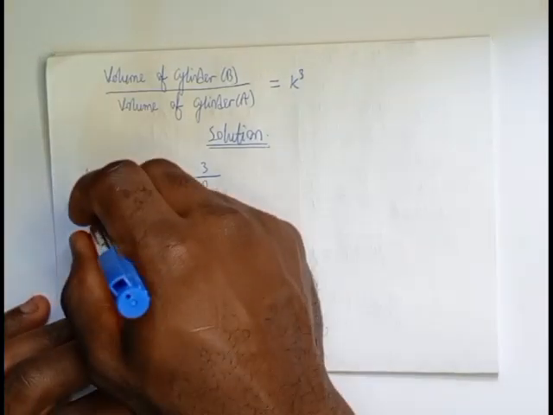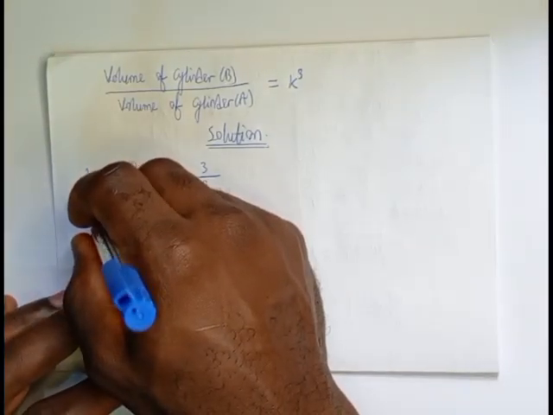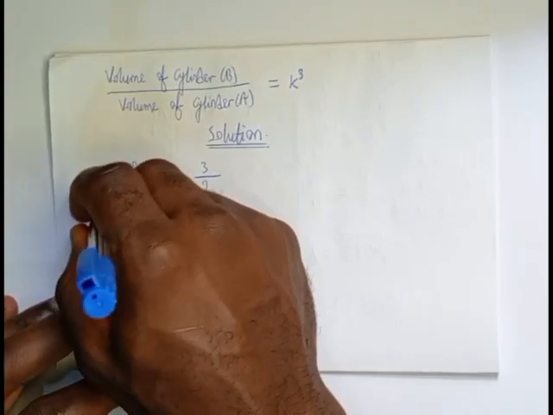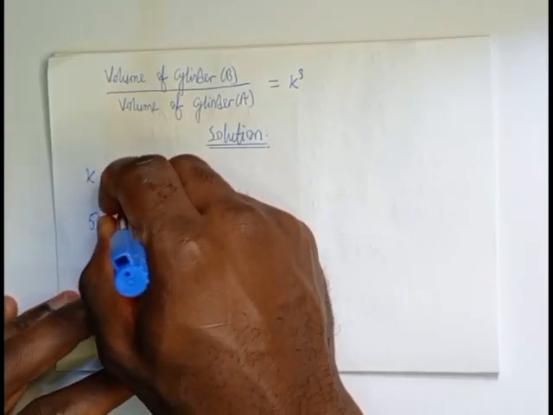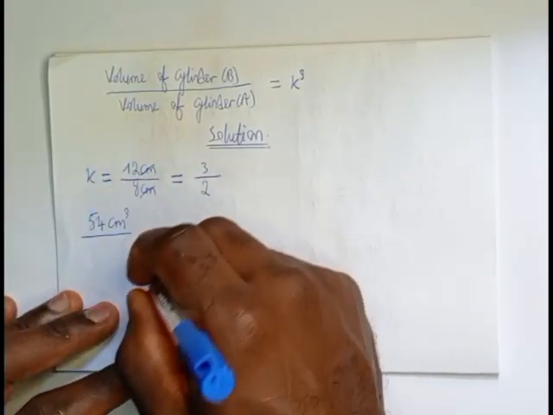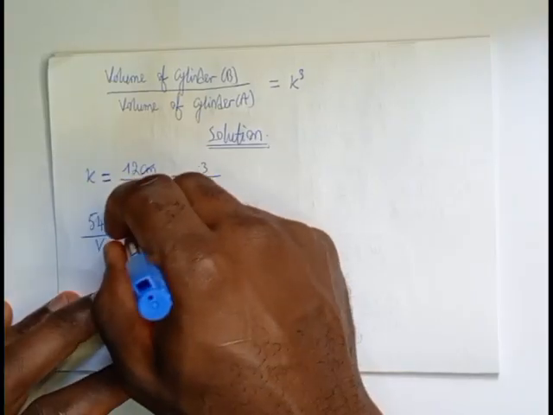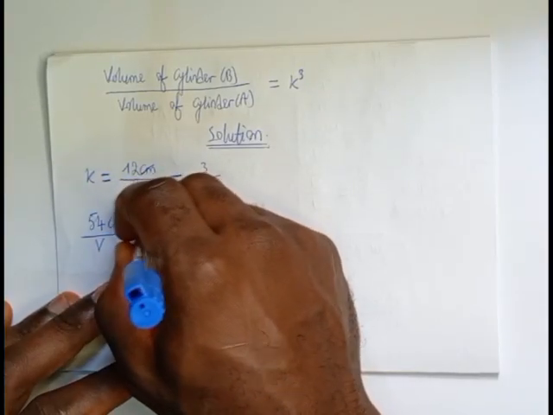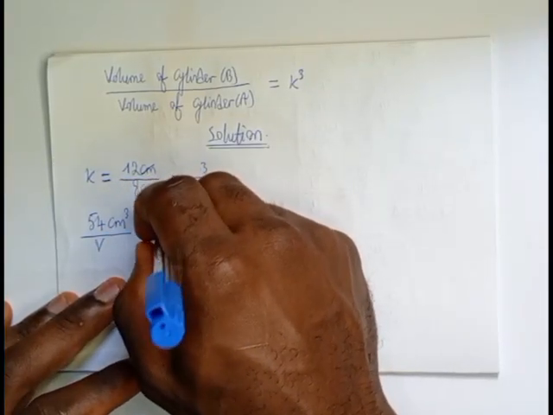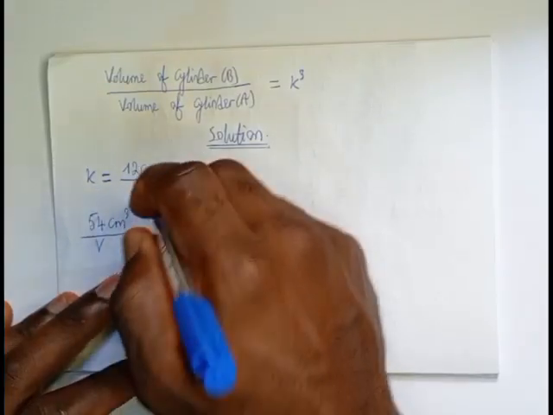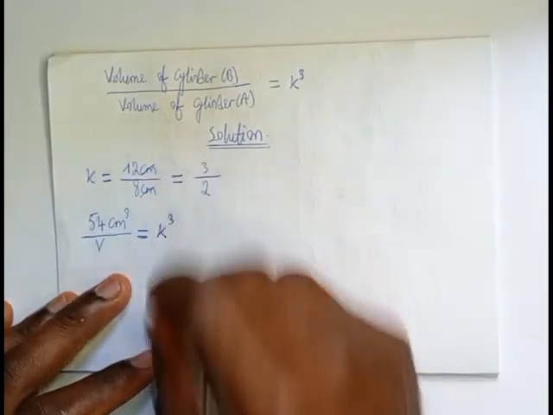Next, dividing the volume of cylinder B, which is 54 cm cube, by the volume of cylinder A, which is V, this will be equal to our constant k cube.